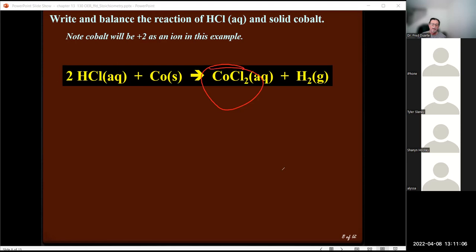If I had to write that out, what would be CoCl2's name? Would it be cobalt(II) chloride? You got it, exactly. Roman numeral 2 chloride.